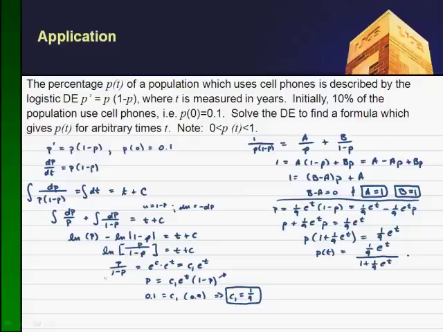And I guess I can multiply the top and the bottom by 9, same as multiplying by 1, and I should get my percentage function, which is going to give me e to the t all over 9 plus e to the t.